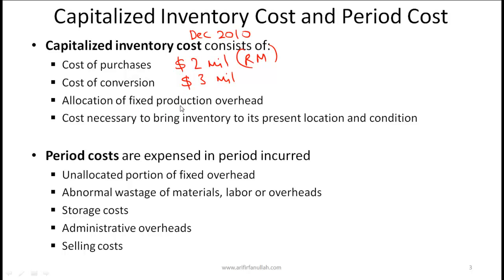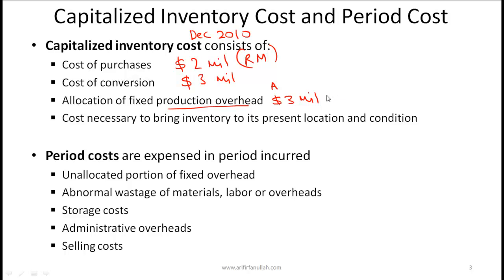Now, allocation of fixed production overhead. So let's say that we are talking about product A, and your overall production overhead is, let's say, $3 million.